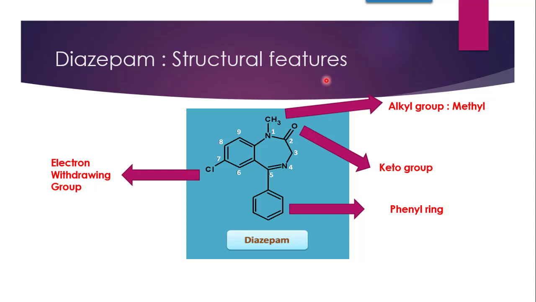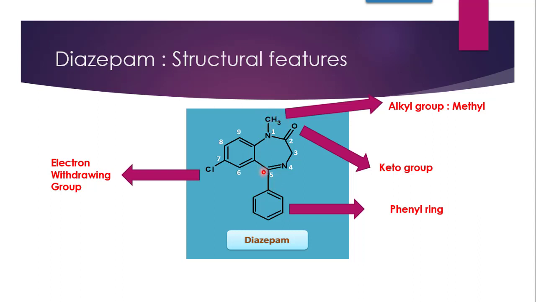The structural features of diazepam: you can find the basic benzodiazepine moiety which we have discussed in the IUPAC. Benzene ring, diazepine, and at the second position a keto group is there. Now at the position N1, this substituent, R1, is CH3.